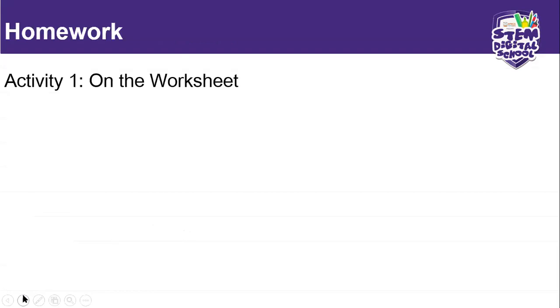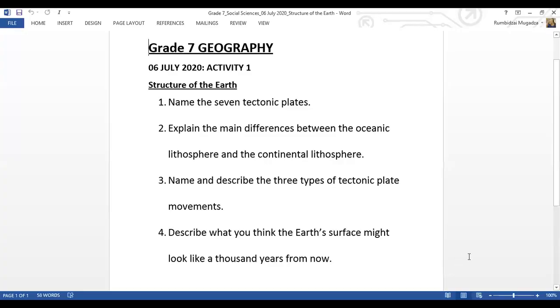And then we look at the homework. Let me share the homework. That is your homework. Structure of the earth. Number 1, name the 7 tectonic plates.